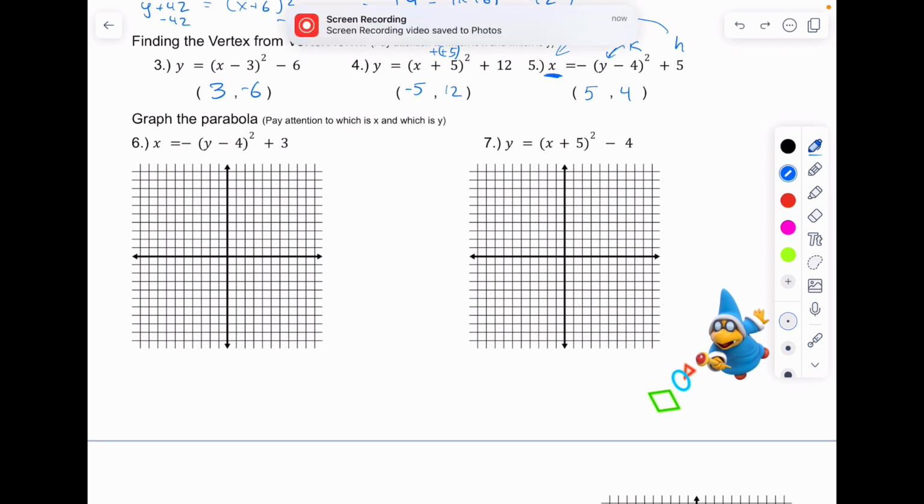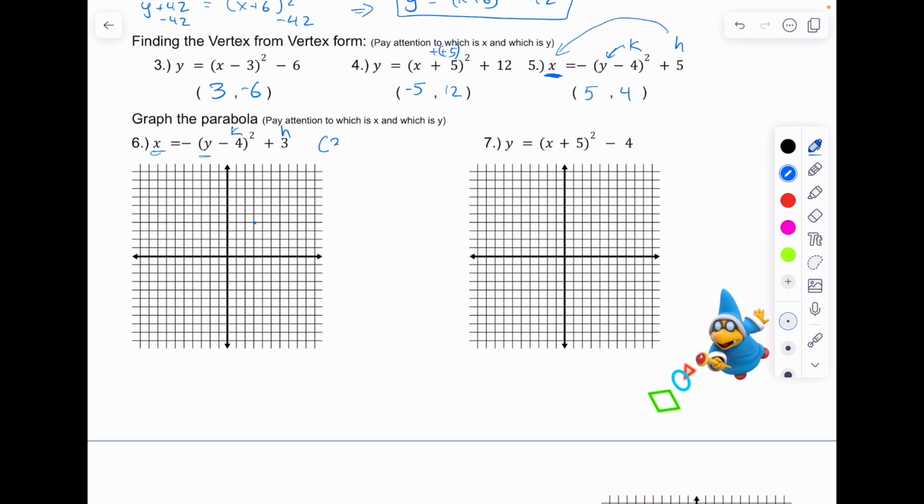Graphing the parabola. Always pay attention to your x's and your y's. Over here we're looking at x equals negative y minus 4 squared plus 3. So in this case, this is your k and this is your h. When we pay attention to that, we're going to move to the right 3 and up 4.